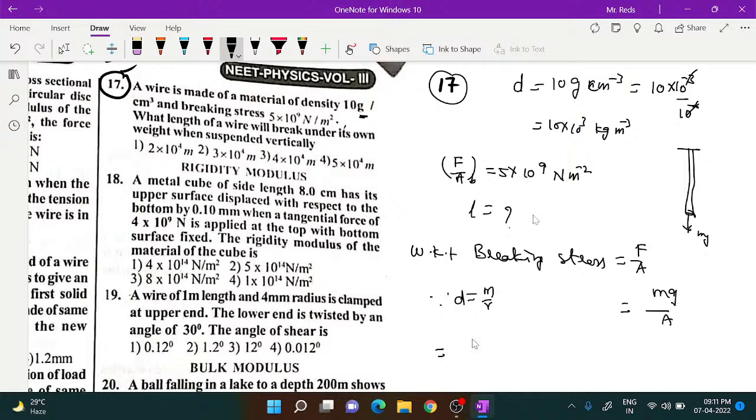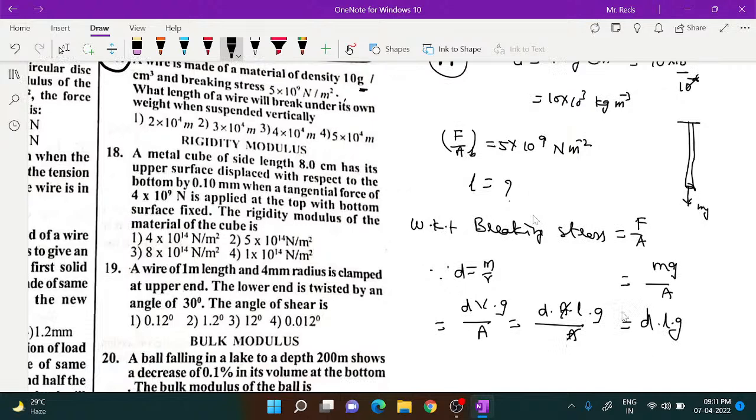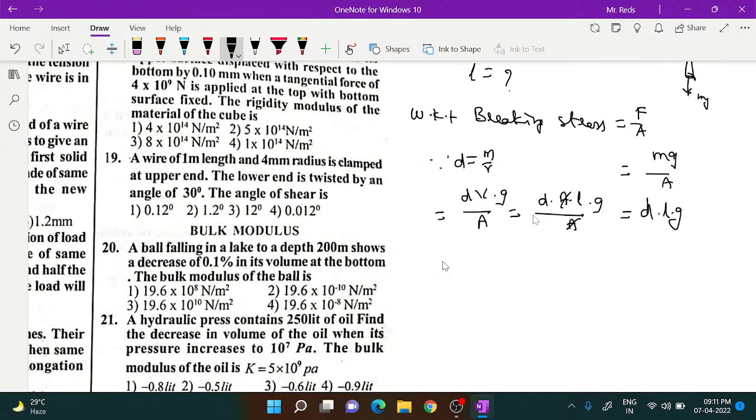So mass equal to density into volume into g by area. This volume can be expressed as D into area into length of the wire gives you volume of the wire, into g by A. So A gets cancelled, you get D into L into G, density into length into G is the breaking stress. So this implies breaking stress is equal to D into L into G.